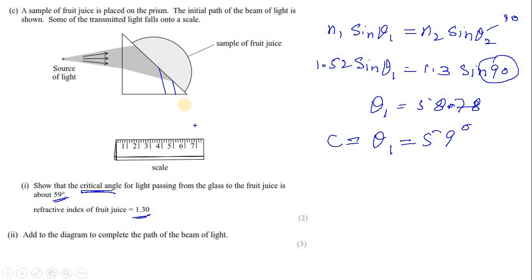So you can imagine something like this, and then again something like this, and then some light will be bending, moving inside, like you can imagine something like here. That's how you can complete the path.